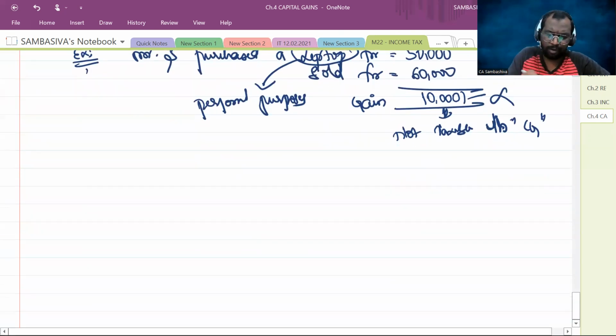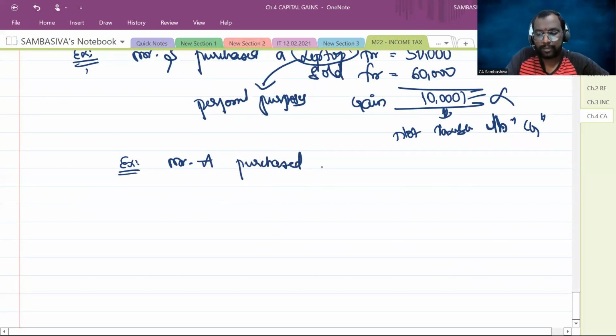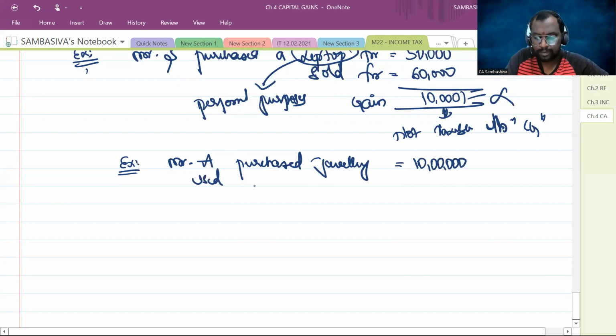Next, I'll give you one more example. Mr. A purchased jewelry for rupees 10 lakhs, used for personal purposes.